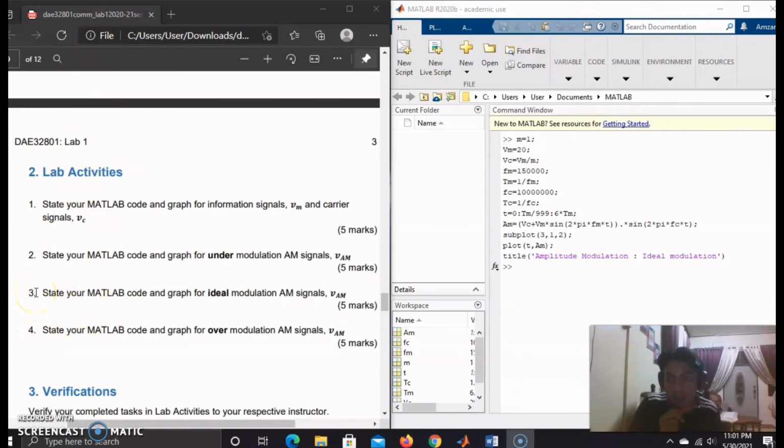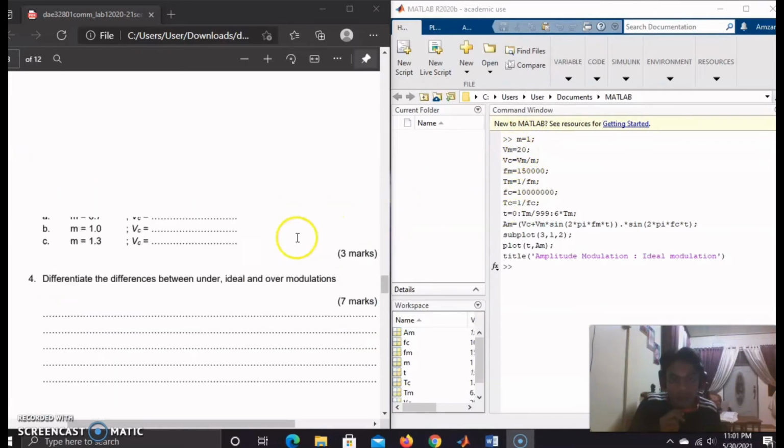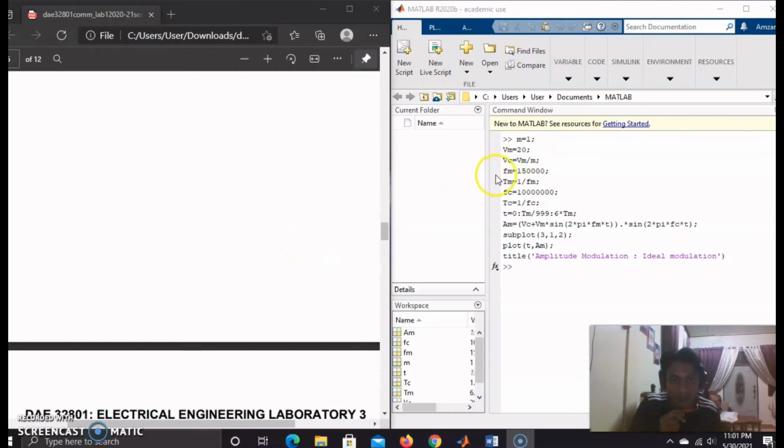Question 3 is state your MATLAB code and graph for demodulation AM signal. For the demodulation AM signal, we use index modulation 1, and VM is 20 volt.